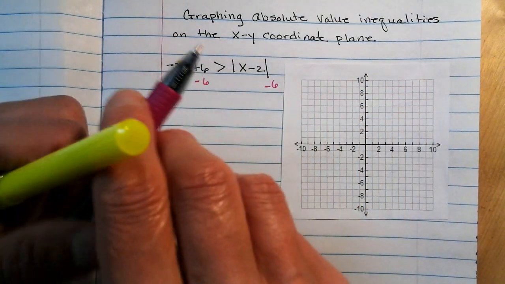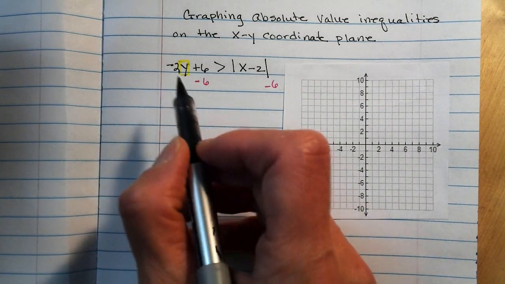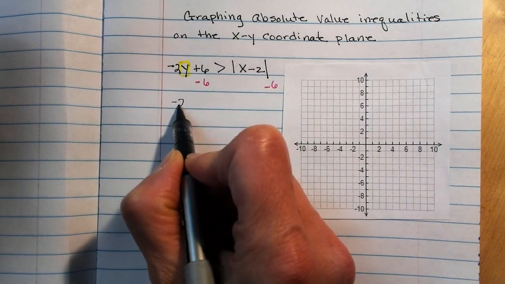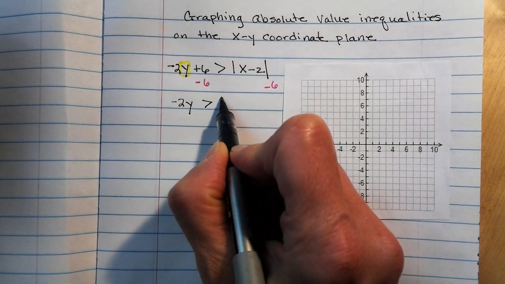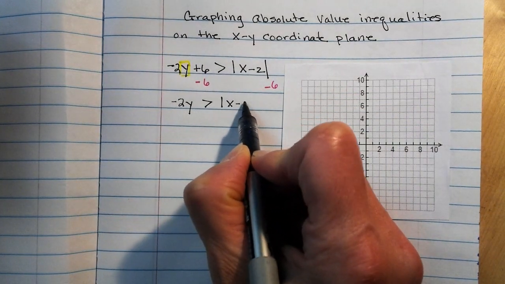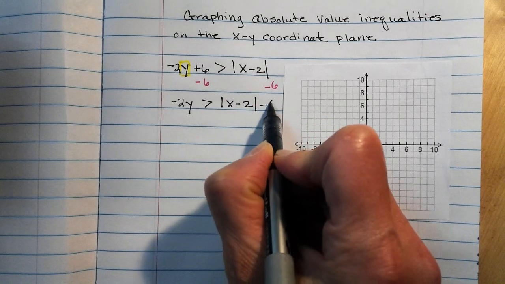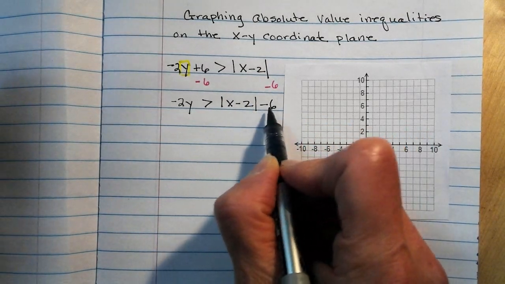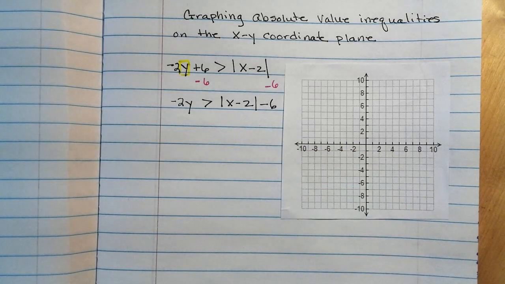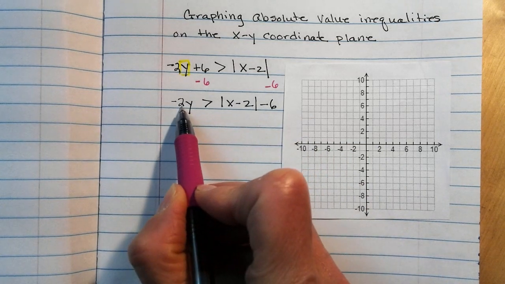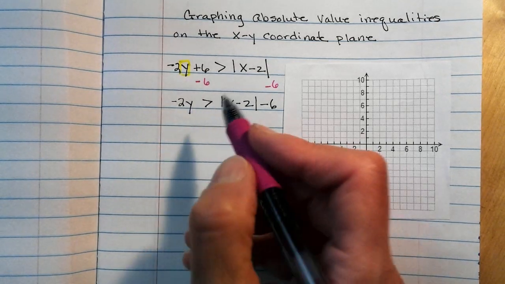So what I have left, after I subtract 6, is -2y, and that is greater than the absolute value of x minus 2, minus 6. Notice that minus 6 is on the outside. The next thing we're going to do is divide by -2, because -2 is being multiplied to y.